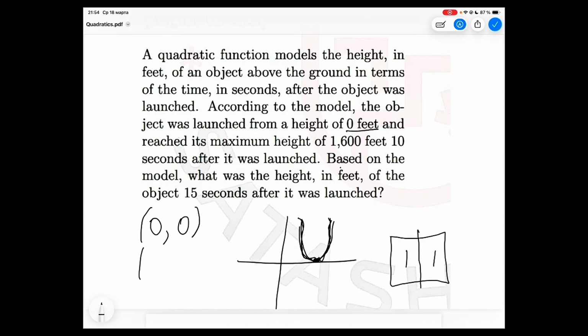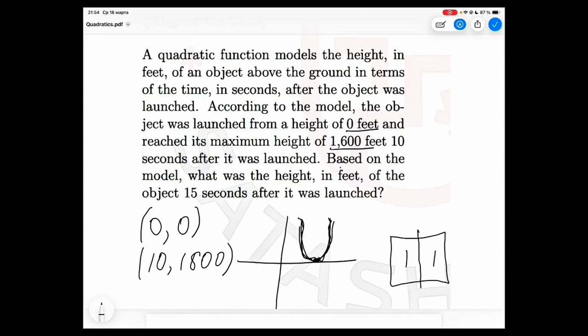And then at t equals 10, after 10 seconds, the maximum height, this y value, is equal to 1,600. And they're asking us the height when it was at 15 seconds. If we wanted to solve it by hand, we need to use the vertex formula and put all of them in, adding all the weird stuff.